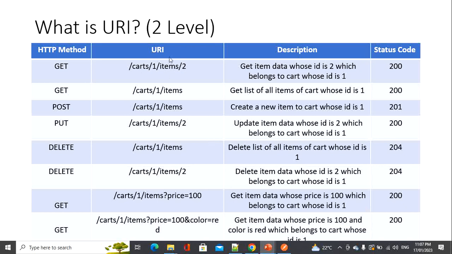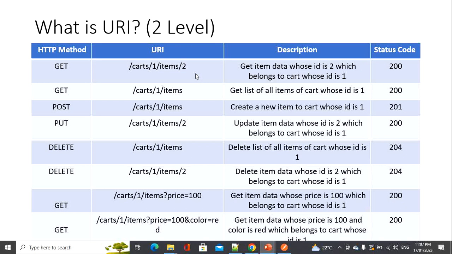If I form the endpoint as slash cart slash 1 slash items slash 2, what does it mean? I want to fetch the item data whose item ID is 2 and which belongs to the cart whose cart ID is 1. So GET item data whose ID is 2, which belongs to the cart whose ID is 1. Obviously the status code is 200.